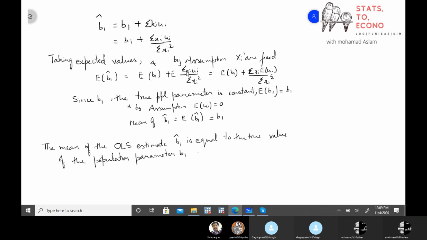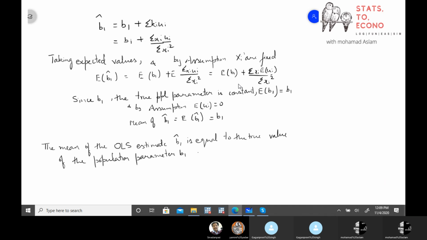Now we are left with this second term. If we take expectation here, x, as we have said in the assumption, is fixed in repeated sampling, so it's a constant weight, so that comes out of the bracket. Or if you're going with Gujarati, there it's written that x is a non-stochastic term, meaning it's not a random term, it's fixed in repeated sampling.